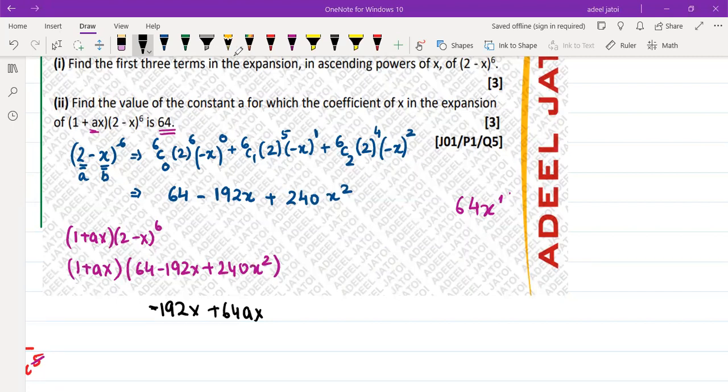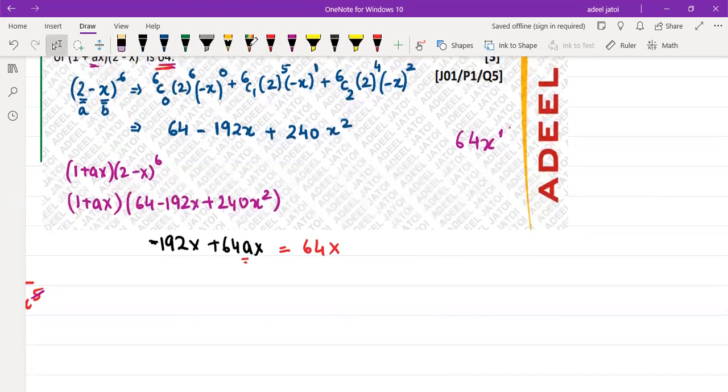But can we say that the answer for both, if we had value of a, the answer for this whole thing would have been 64x. The answer for the whole thing would have been 64, because in the question, in the expansion of 1 plus ax, 2 minus x to the power 6 is 64. 64 is basically the coefficient of x that is given in the part.